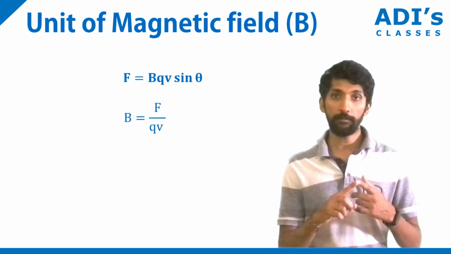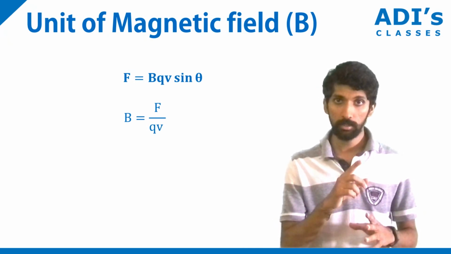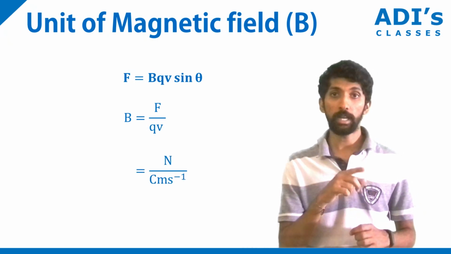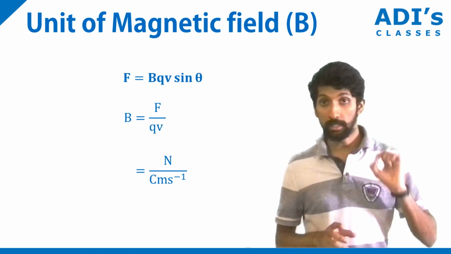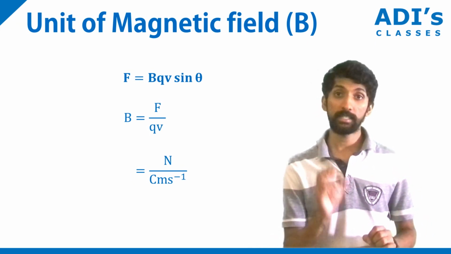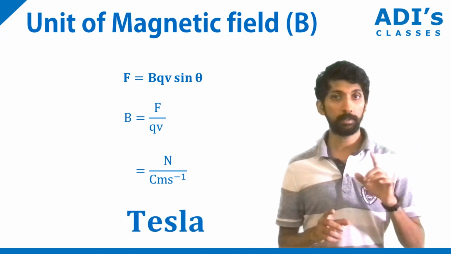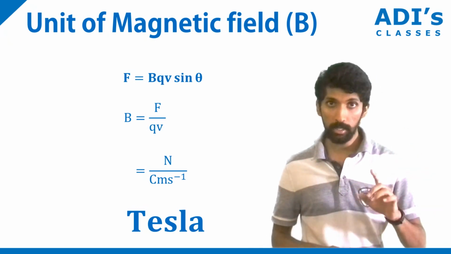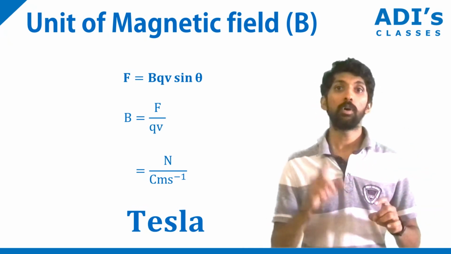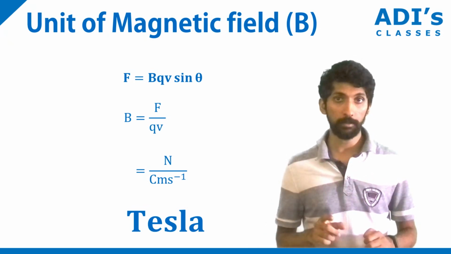The units of F, Q, V are known, which is Newton by Coulomb into meter per second, right? This is what we call Tesla. So 1 Tesla is equal to 1 Newton per 1 Coulomb into 1 meter per second.